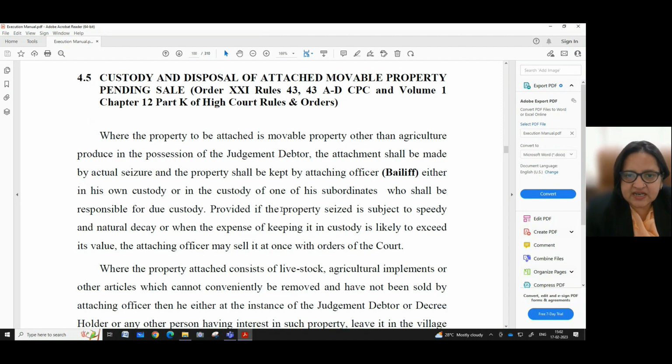Where the property to be attached is movable property other than agricultural produce in the possession of the judgment debtor, the attachment shall be made by actual seizure and the property shall be kept by the attaching officer, bailiff, either in his own custody or in the custody of one of his subordinates who shall be responsible for due custody, provided if the property seized is subject to speedy and natural decay or when the expense of keeping it in custody is likely to exceed its value, the attaching officer may sell it at once with orders of the court.